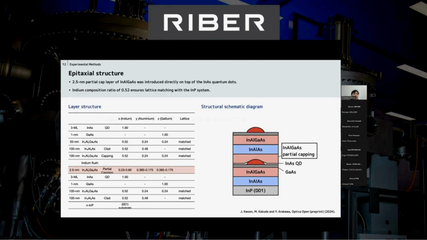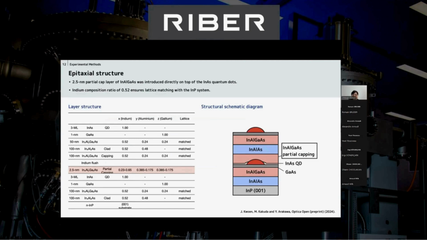Okay, we grow this kind of structure. A 2.5 nanometer partial capping layer of indium aluminum gallium arsenide was introduced directly on the top of the indium arsenide quantum dots.